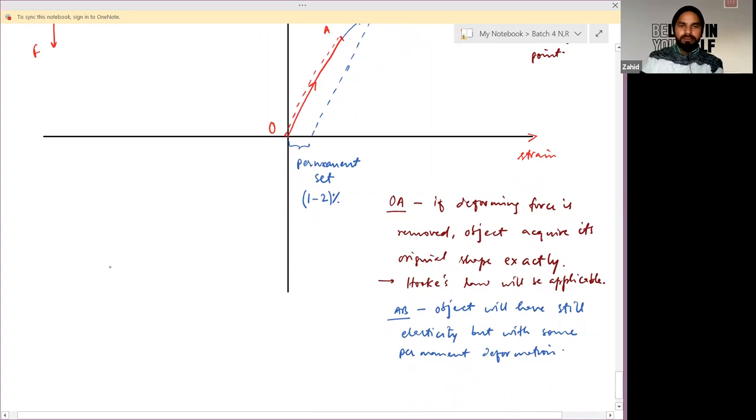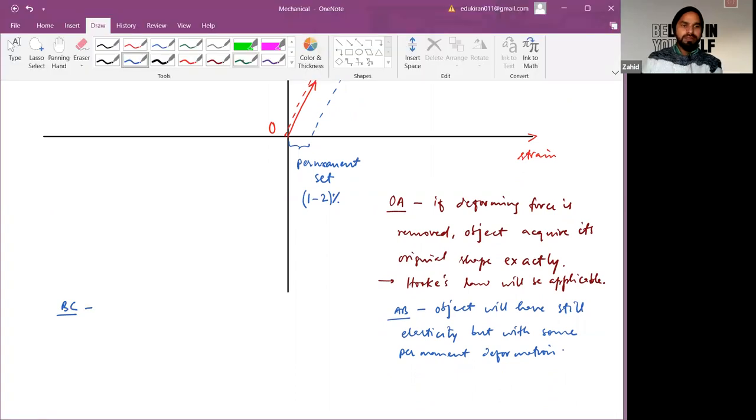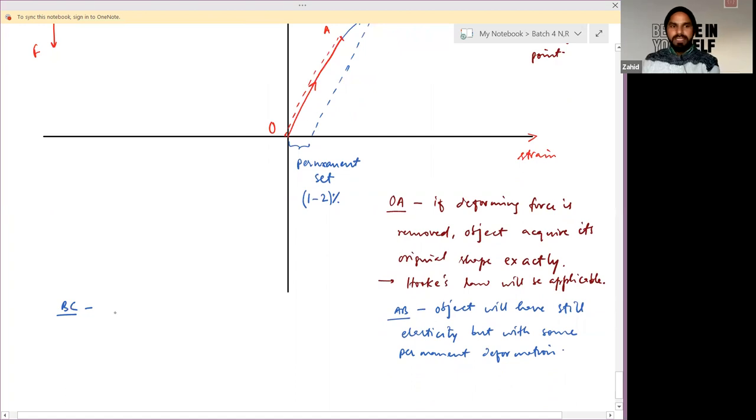Next, from B to C, the object will lose its ability of regaining. So now the object will have plastic behavior. And point C is termed as maximum stress, and point D is termed as breaking point.